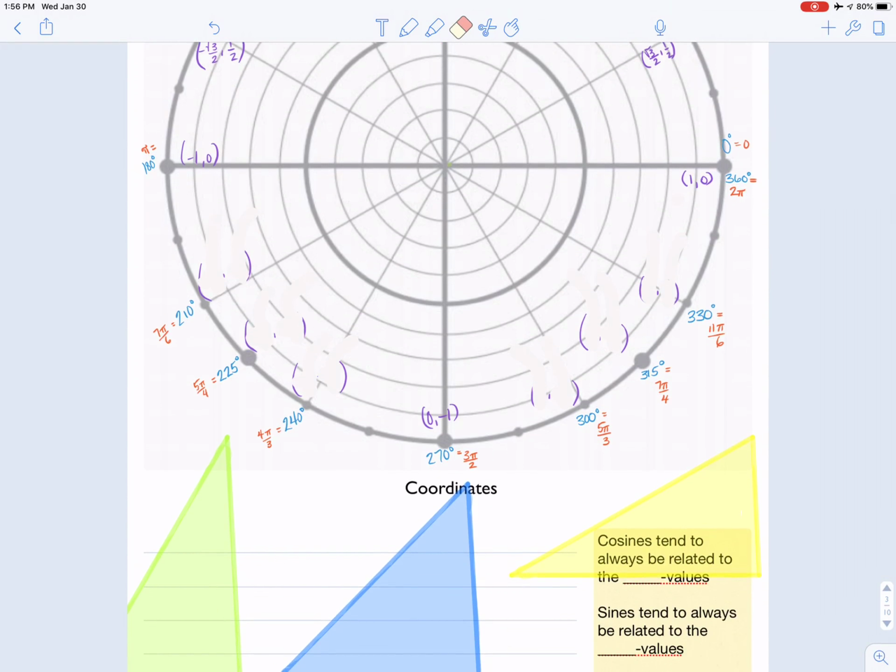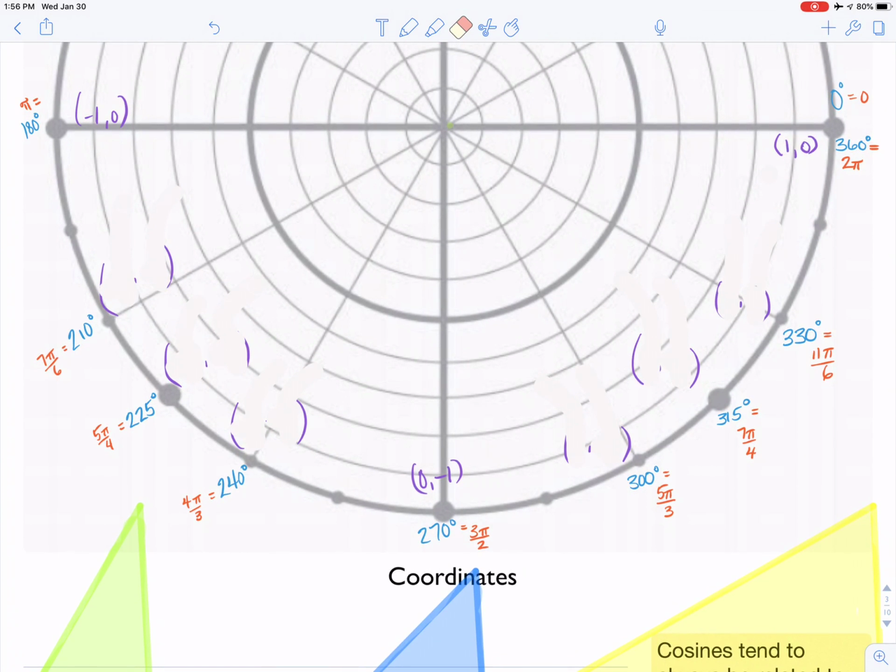All right, let's do the same thing down in the third quadrant at the next pi over 6, which is 7 pi over 6. So once again, you're going to the left a long value, and you're going down a short value. So left and down are both going to be negative. So you're going to have a negative root 3 over 2, and a negative 1/2 for the y value.